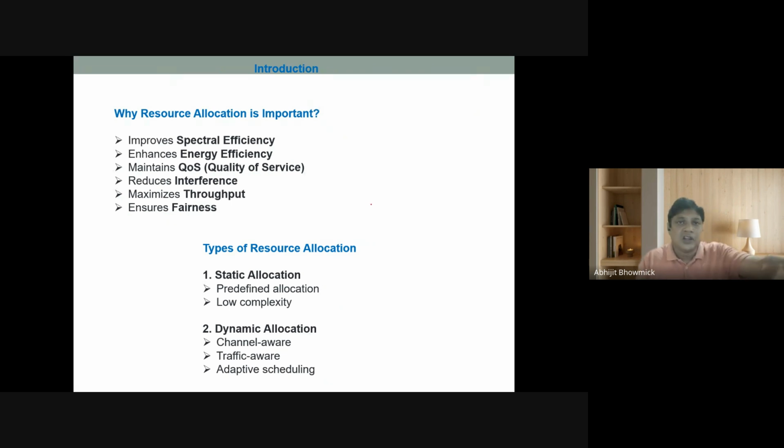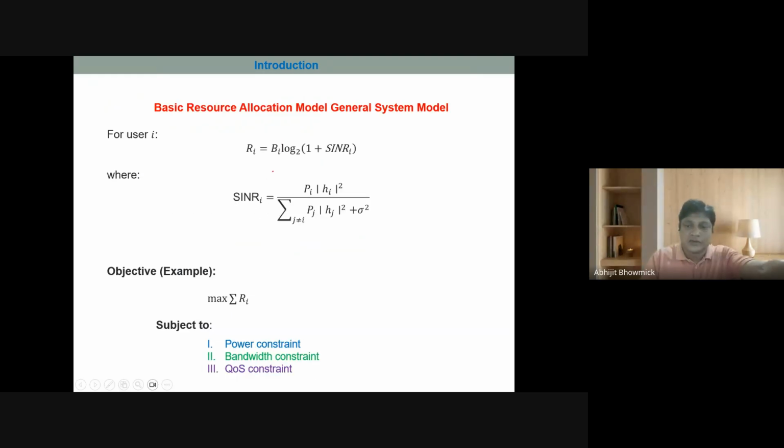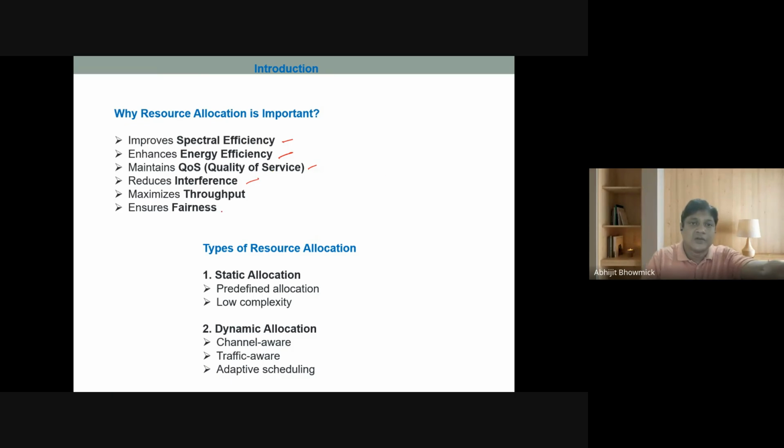Now, why is resource allocation important? Spectral efficiency, energy efficiency, quality of service, interference management, maximizing throughput, and user fairness. See, for example, last class I discussed a cognitive radio network where the secondary user senses the primary user channel and, if it is free, opportunistically uses that primary user band for its transmission.